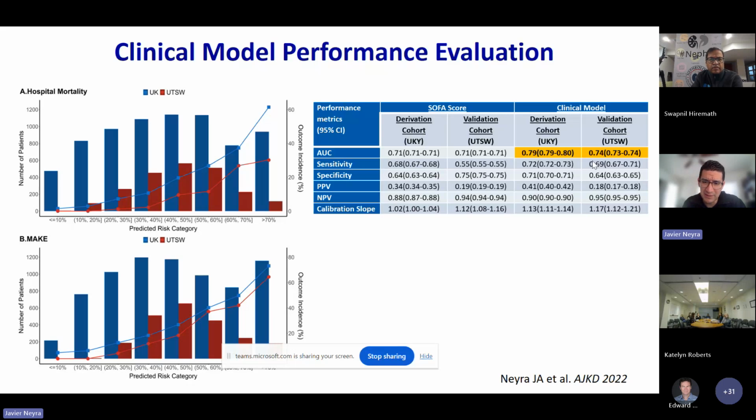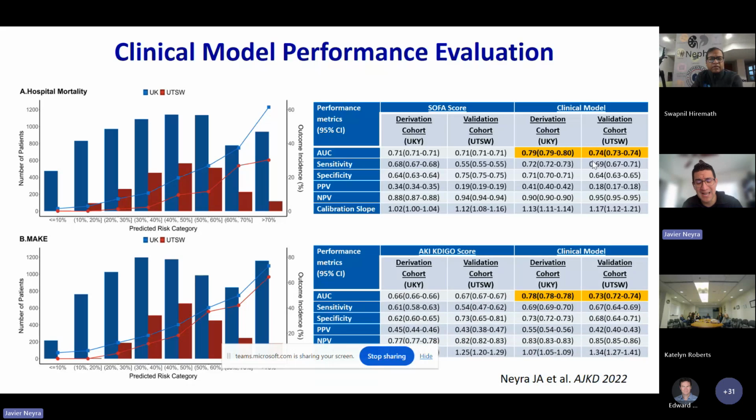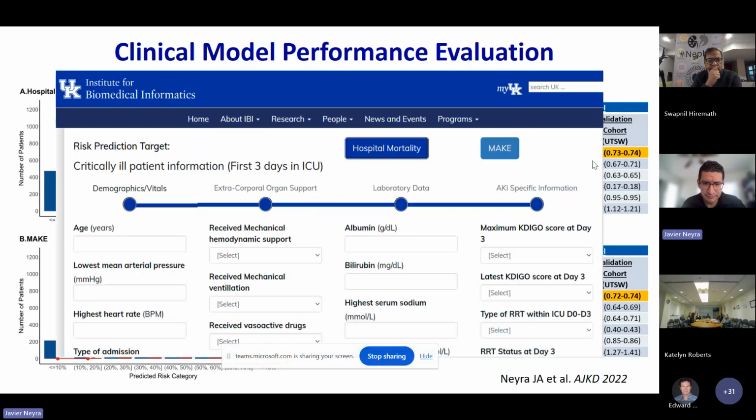So these are good, but not great, but perhaps enough to help us make decisions, particularly if I give you a prediction of MAKE to determine how you're going to follow those patients in the subsequent month after discharge, which is very relevant for the intervention.